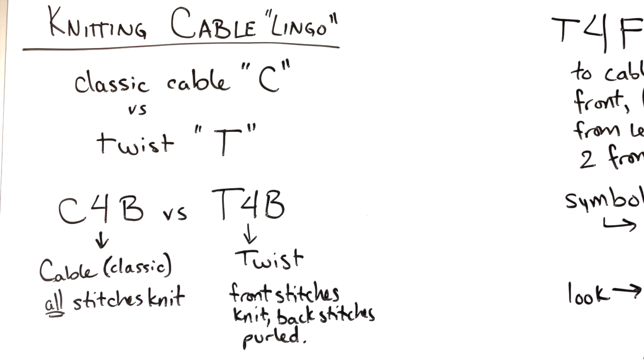How I define those, I would have the caveat here that you should always use the key to your pattern, because sometimes these rules won't apply. Sometimes people will make up their own lingo or have their own definition for what they want you to do. So always pay attention to the pattern and see what it's telling you to do. But in general, here is how I define them and how I often see them.